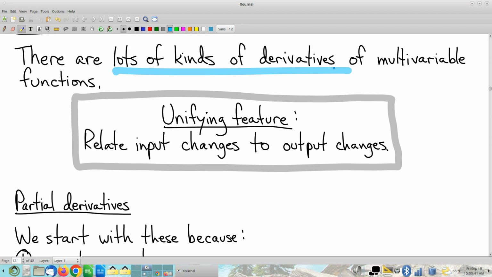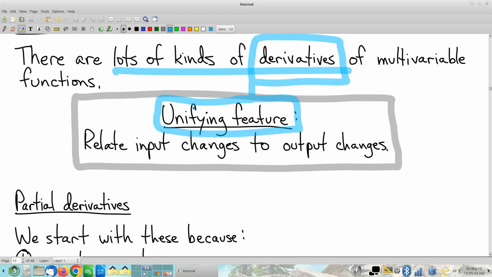So how do we use the same word, derivative, to apply to a bunch of different things if they're all different? It's that they have a unifying feature. We call these things that we're going to talk about all by the same word, derivatives, because they all have this common feature that they relate input changes to output changes.